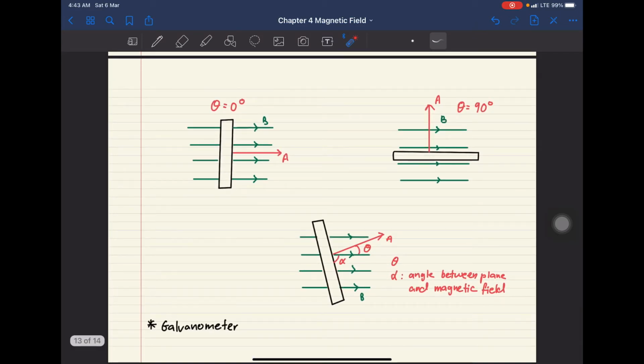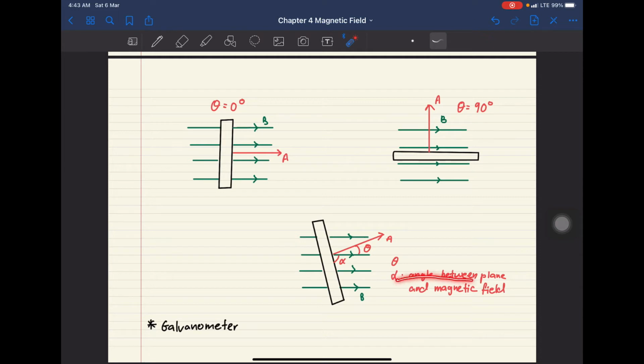So this is one of the examples on how to determine the direction of A. Some students got confused about it. If A and B are in the same direction, theta is equal to 0 degrees. If it is perpendicular, then theta equals 90 degrees.